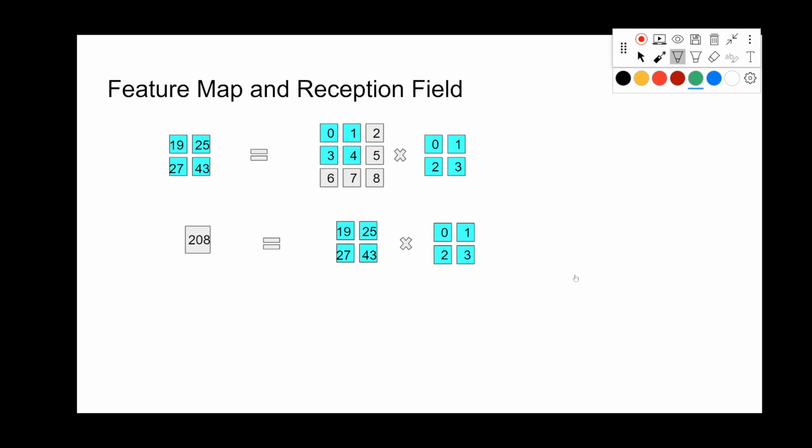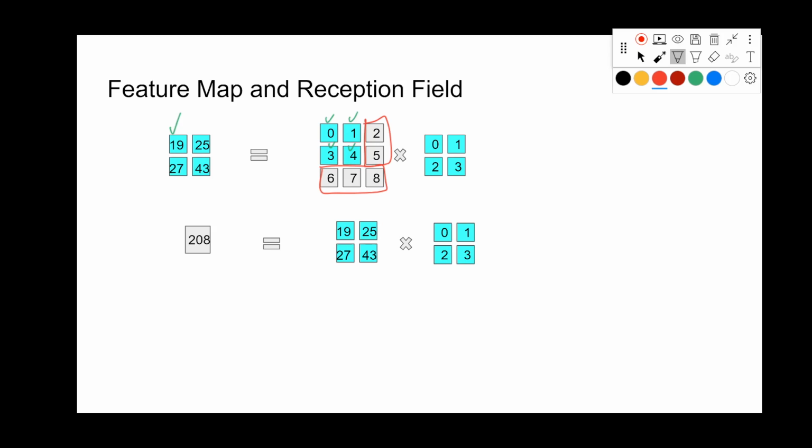For example, this pixel is only related to those 4 pixels. It doesn't relate to those 2 and those 3 pixels. It only relates to those 4 pixels marked in green.